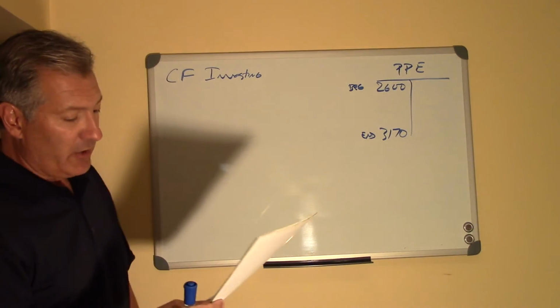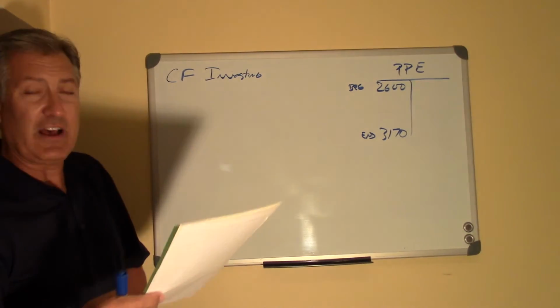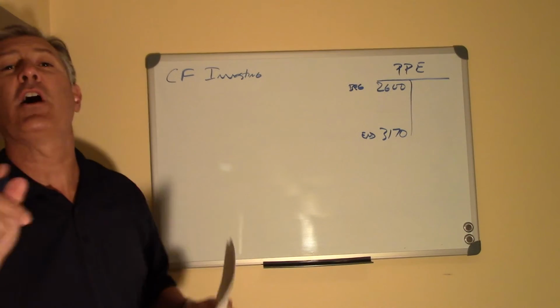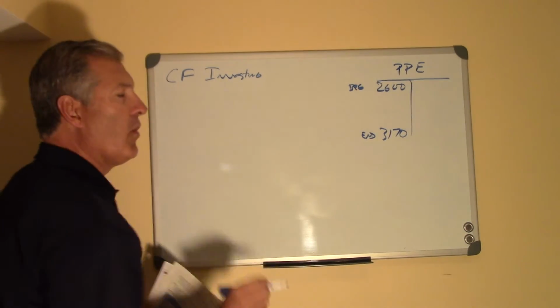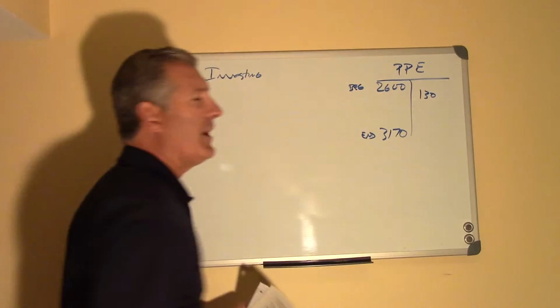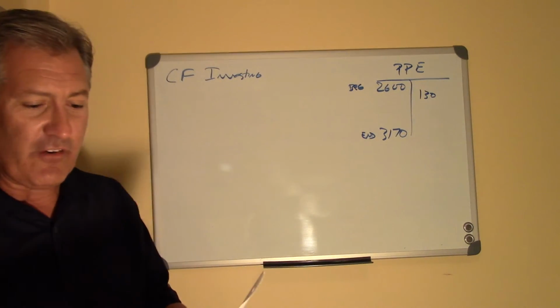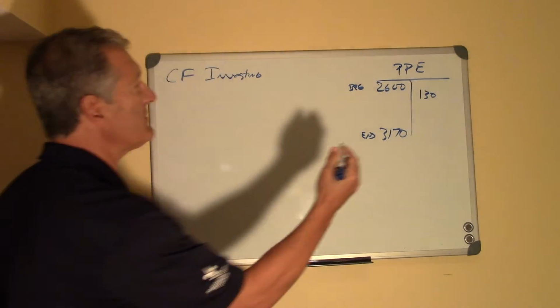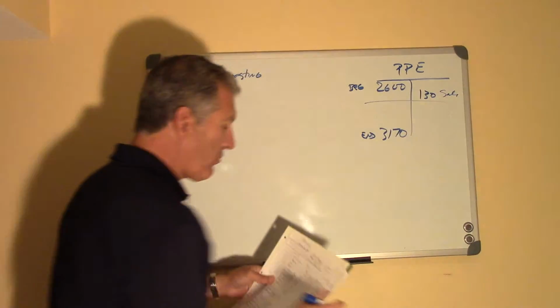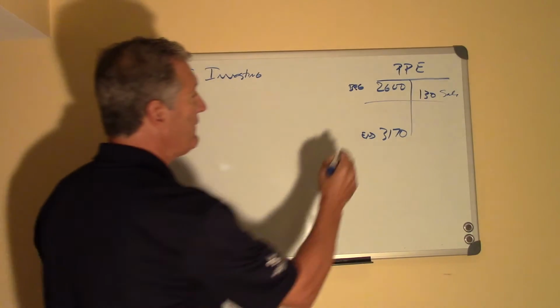Item C, equipment was sold during this year for $70,000. We're going to get to that in a minute. The equipment had a cost of $130,000. When they sold that equipment, they did what? They credited the account for $130,000. That was the sale. Brought the balance down to $2,470.